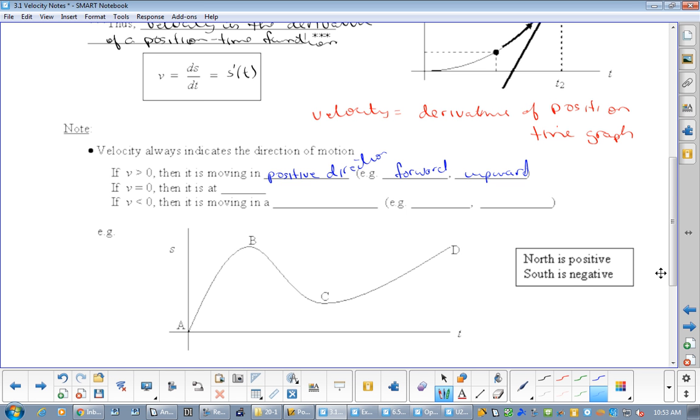If V is equal to 0, then it is at rest. If V is less than 0, then it is moving in a negative direction. Backward, downward.